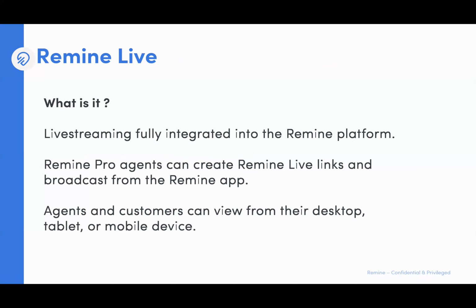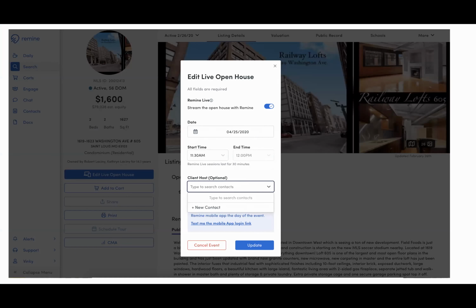You don't have to have any special equipment other than your phone to be able to set this up. It's a very powerful solution in the sense that it's completely integrated right into your MLS system, and you don't have to do anything more than log into the Remine app and go from there. It's very simple and very easy to set up.